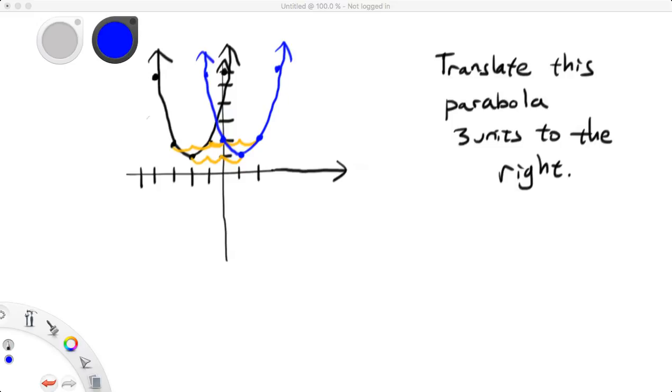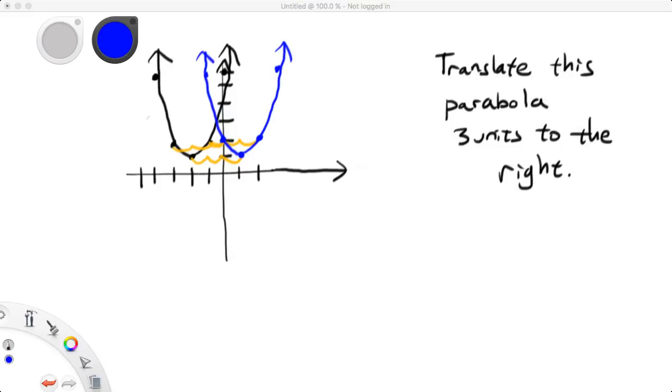So what I'm going to do is get my lightning yellow, and I'm going to go 1, 2, 3 with that point, and that's going to go here.